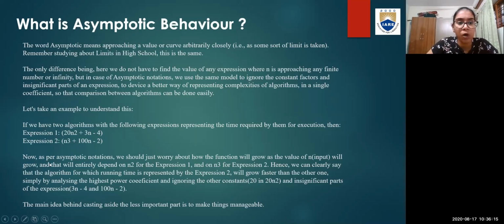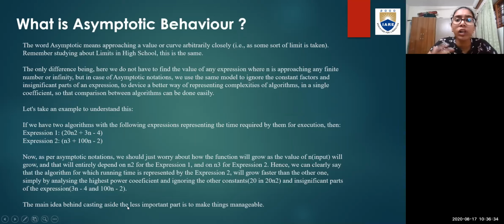As per asymptotic notation, we should just worry about how the function will grow as the value of n, which is your input, will grow.